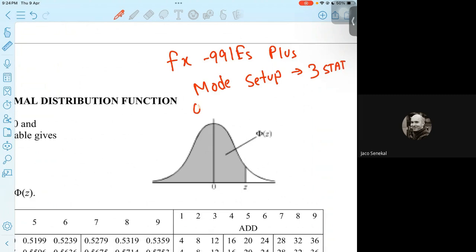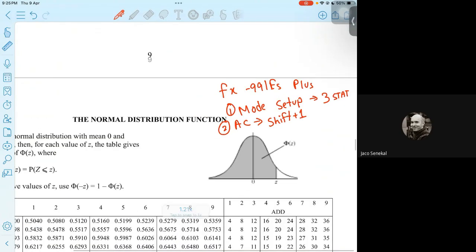And then I just press AC to clear everything in front of you. On the top left corner, you're supposed to see a new sign pop up that says stat. After this, you press shift and 1. You should get a menu that says type, data, sum, var, distribution, and then min max.